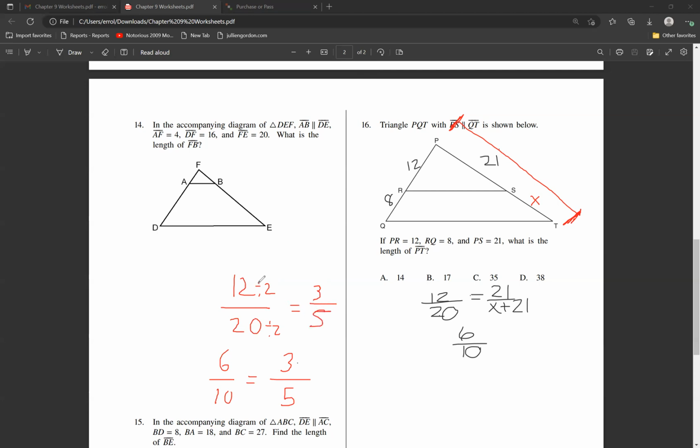That's why I ask you what's the biggest number, because if you don't pick the biggest number, you'll have to reduce again. The biggest number is 4, right? 12 divided by 4, 3. 20 divided by 4, 5. You can skip this step if you pick the biggest number here. All right. So change the 12 over 20 to 3 over 5.